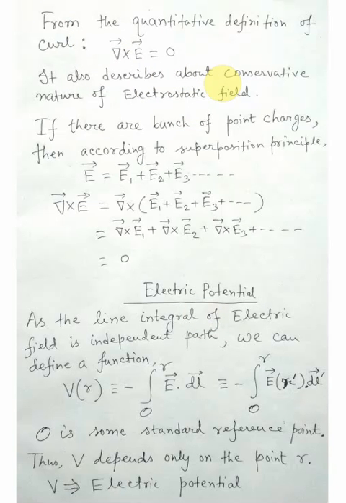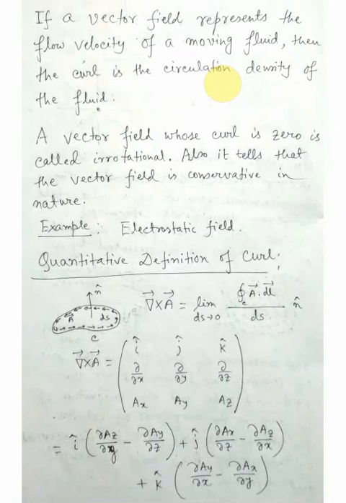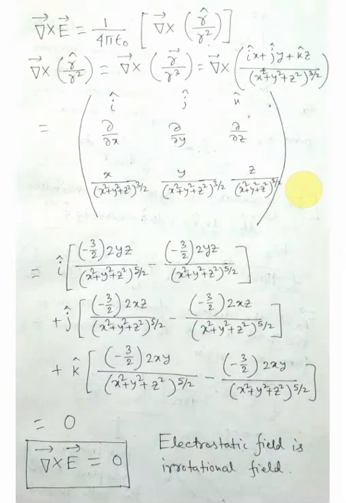So if the curl of any vector field is 0, that means it is irrotational, and it is also conservative in nature. This important point you have to remember. When the curl of any vector field is 0, it is irrotational, and it also tells that the vector field is conservative in nature.